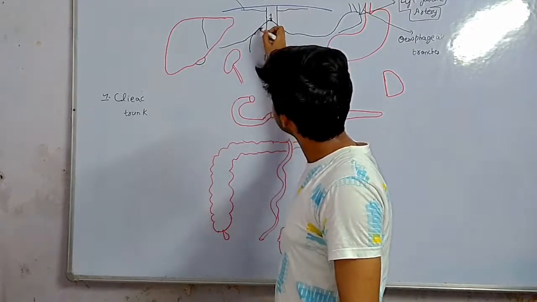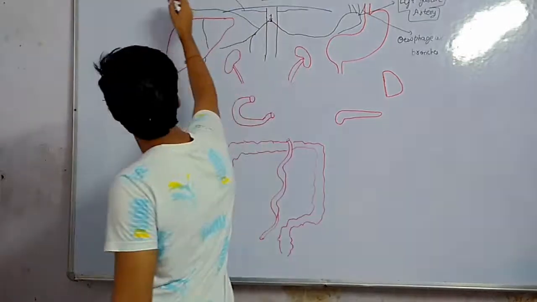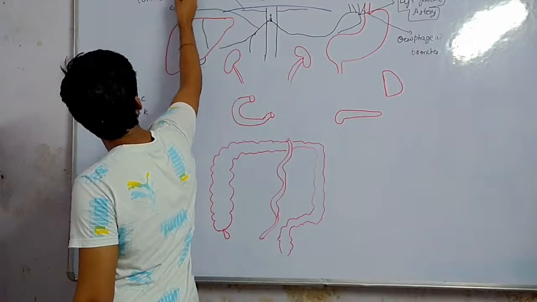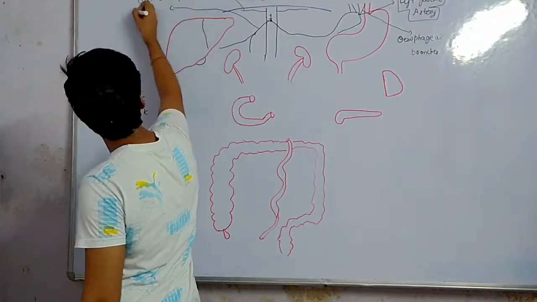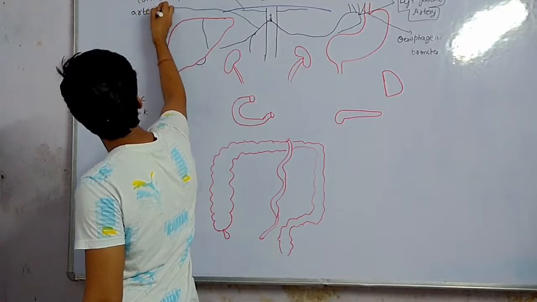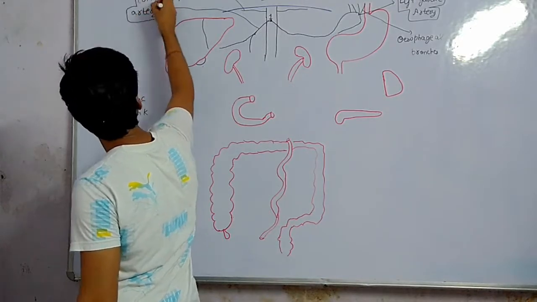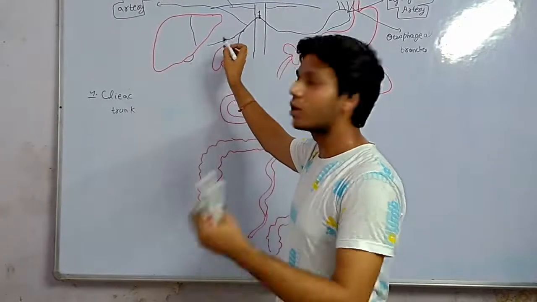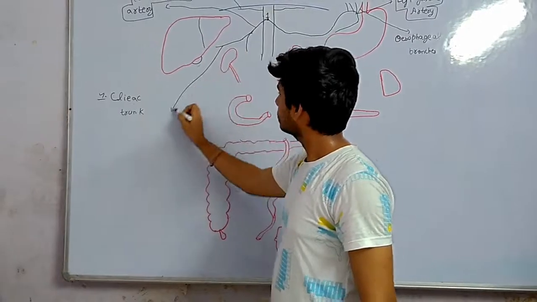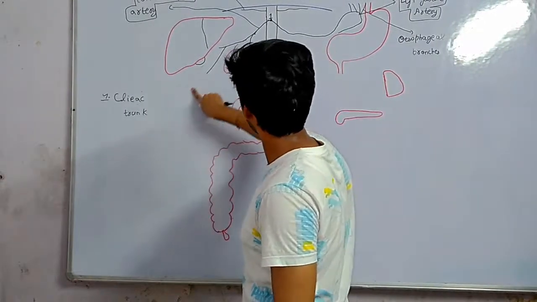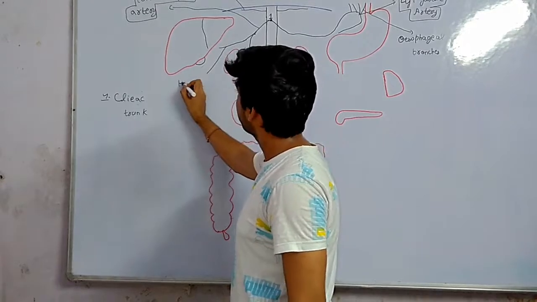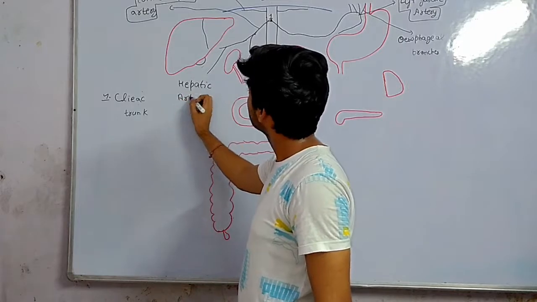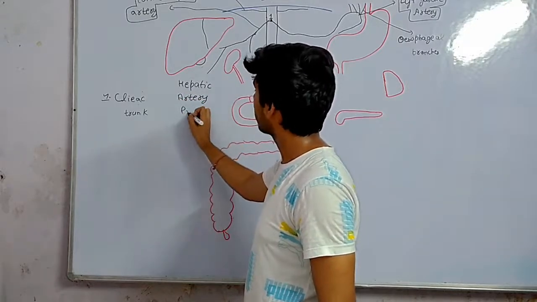This is the common hepatic artery. Then it gives branches. The branch which goes towards the liver is called the hepatic artery proper.